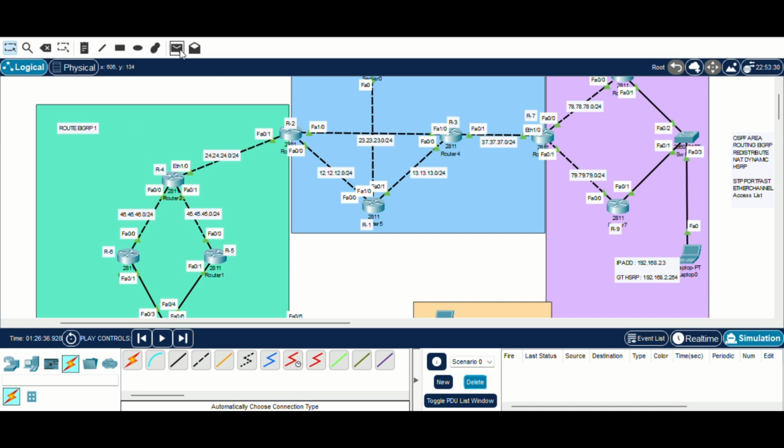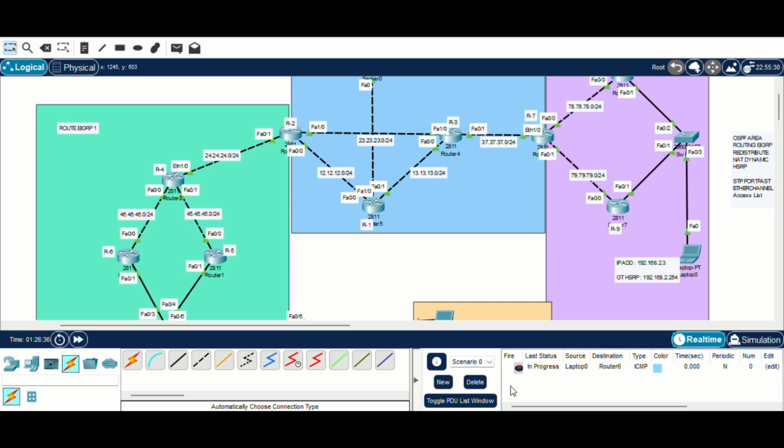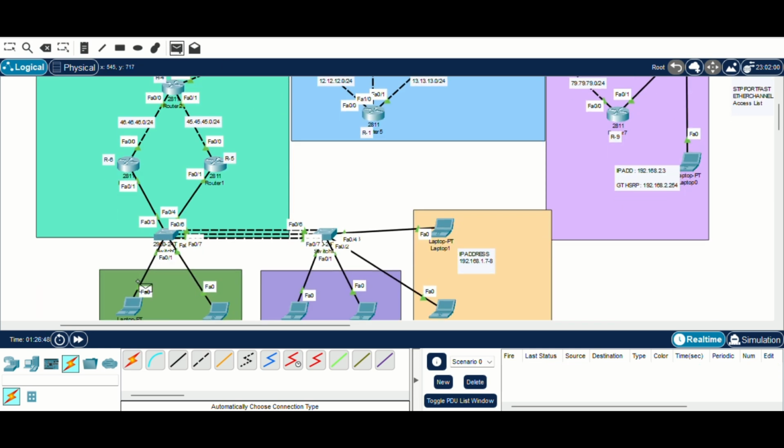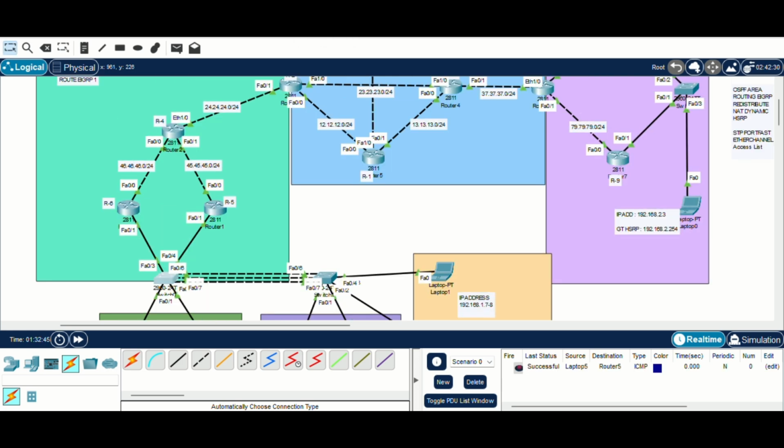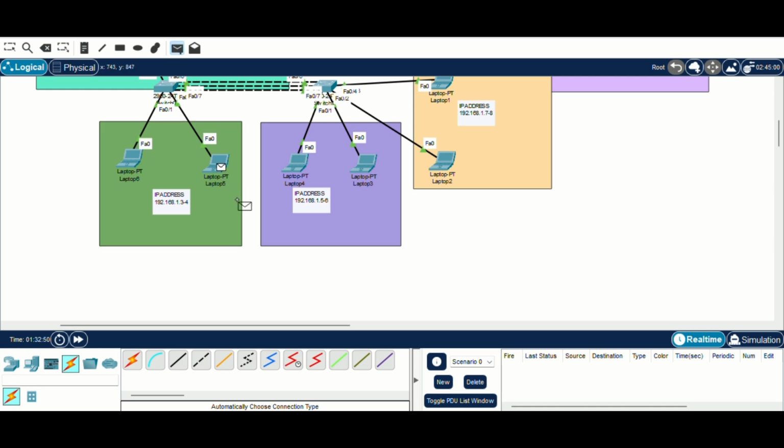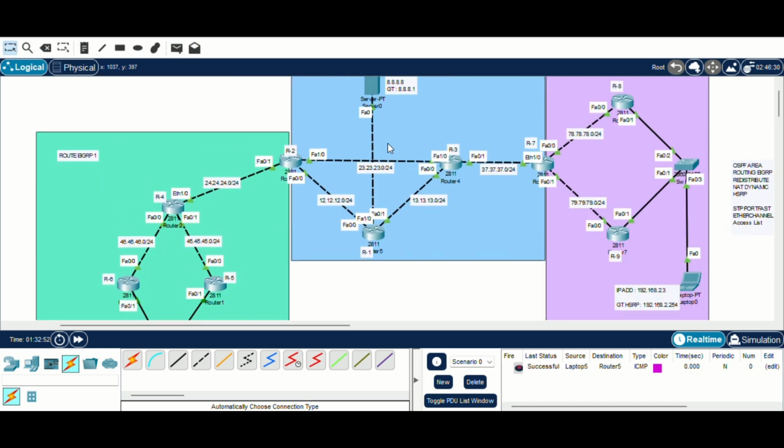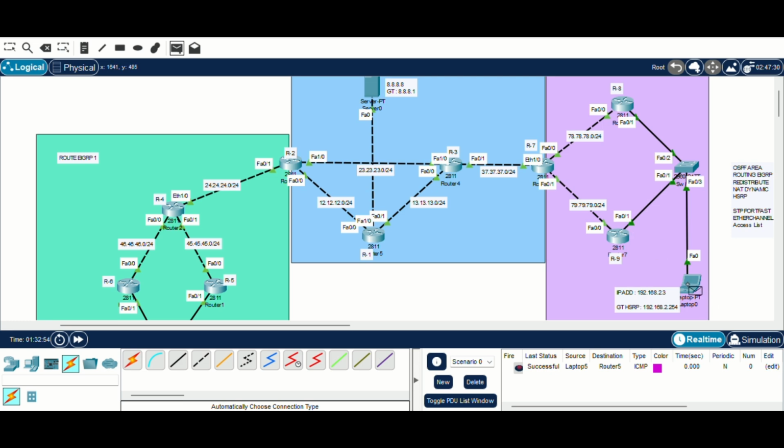Okay, you may check again. Is super successful. So you can check the ping here. Already successful. Is successful.